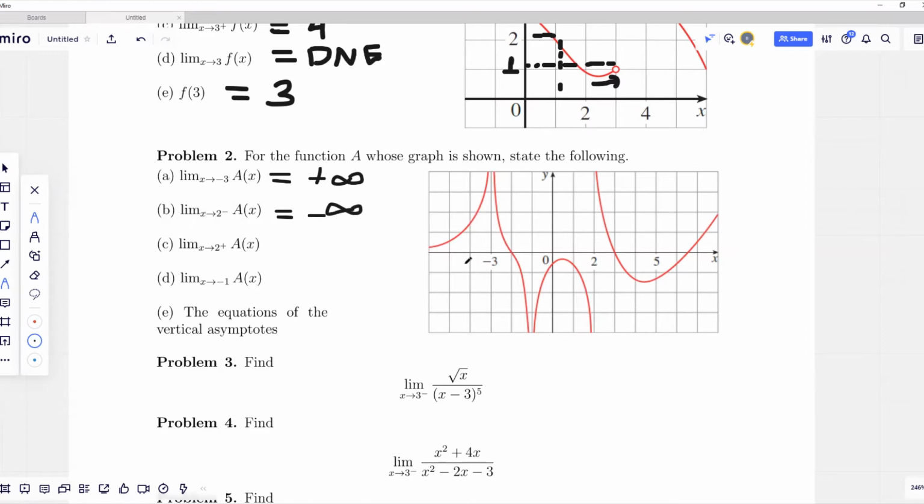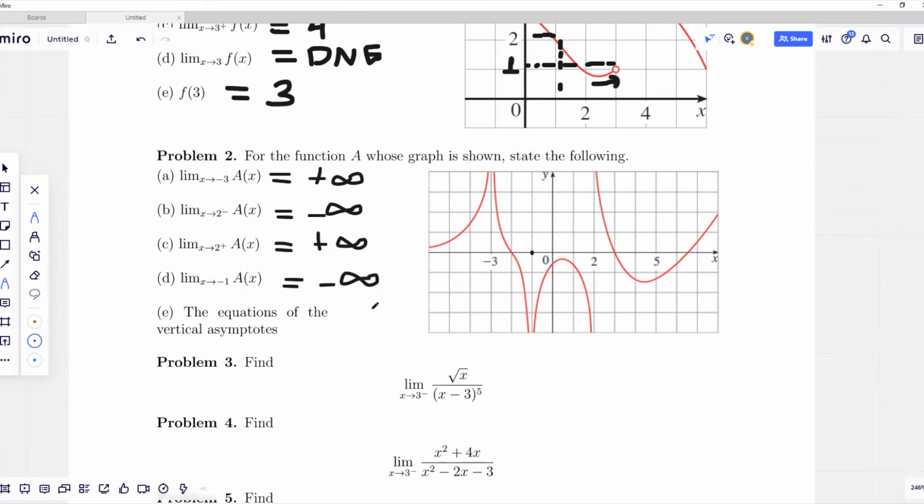So our function is decreasing without bounds here. When x is approaching 2 from the right side, the function is increasing without bounds. When x is approaching -1, so -1 is here, both one-sided limits are equal to minus infinity.